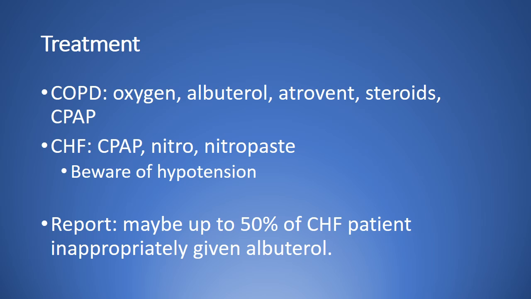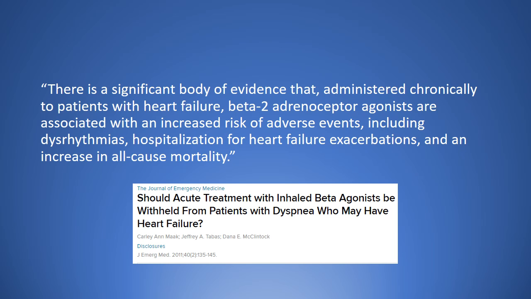The issue is that with CHF, up to 50% of the patients may be given albuterol inappropriately. Does that make a difference? Well, there is a significant body of evidence, as this paper says here, that some patients administered a beta-2 agonist, such as albuterol, may be at increased risk of adverse events such as dysrhythmias, heart failure exacerbations, and increased mortality. So albuterol is not without its risks.